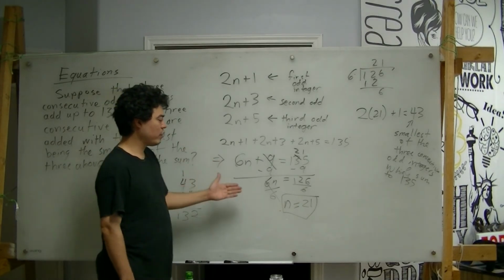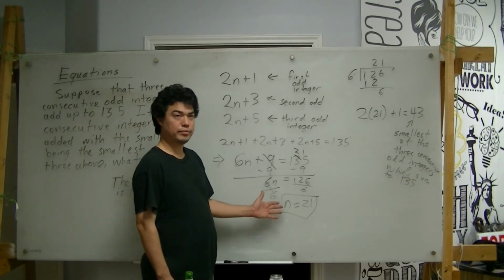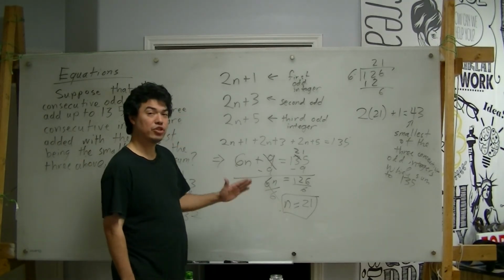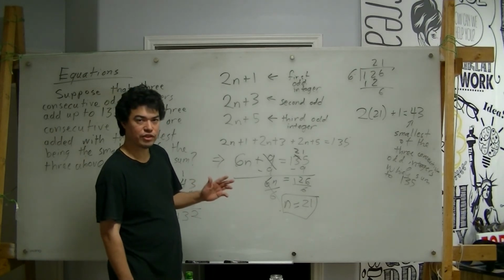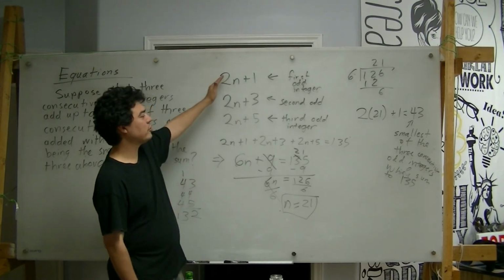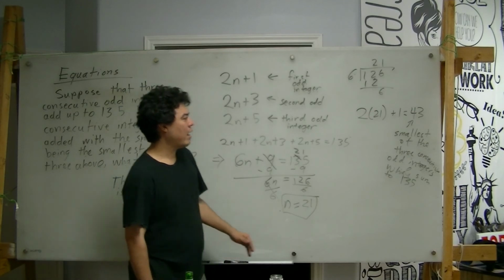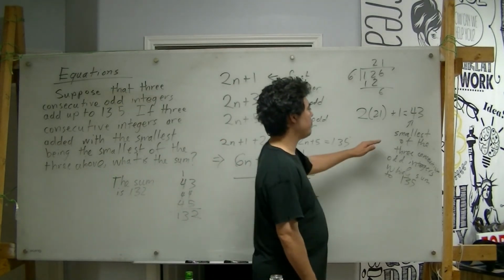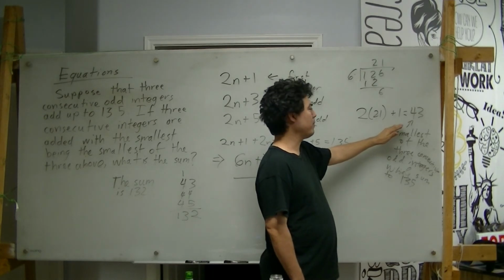We then solve that equation to get what the n is. The n is 21. But that n is not the least number in terms of the ones that satisfy the first statement. The least number that satisfies the first statement is the first odd integer, as we had originally described it. And what we do is use our n value to figure out what that odd integer is. And that odd integer was 43.